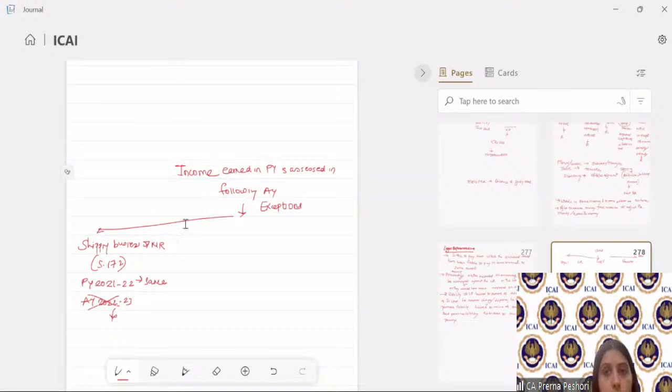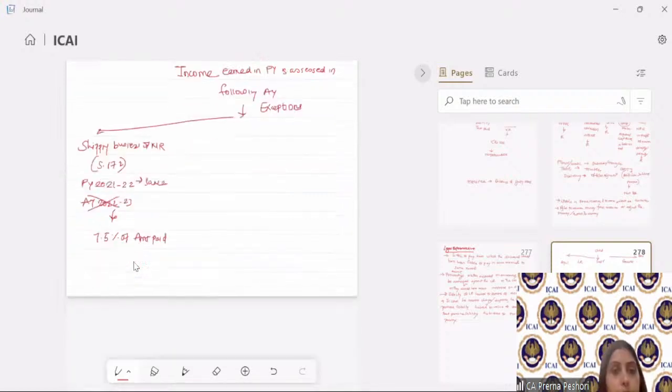The profits are 7.5% of the amount paid or payable on carriage of the ship or the carriage of passengers, livestock, goods, mail.